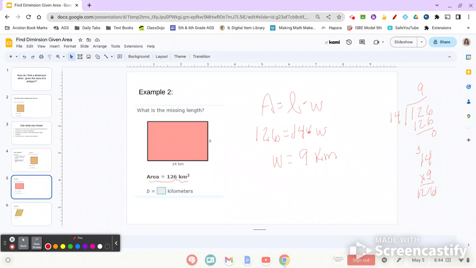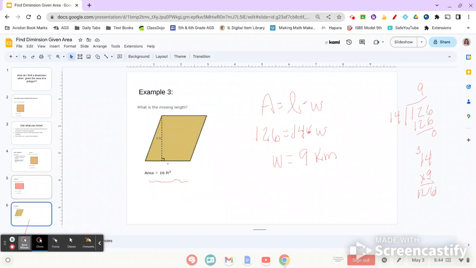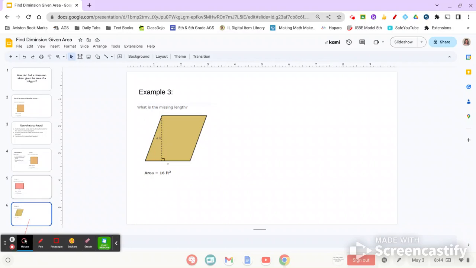Okay, next problem. What is the missing length? First thing I have to do is decide on what shape I'm working with. In this case, we have a parallelogram. So I'm going to start with the formula. A equals base times height.